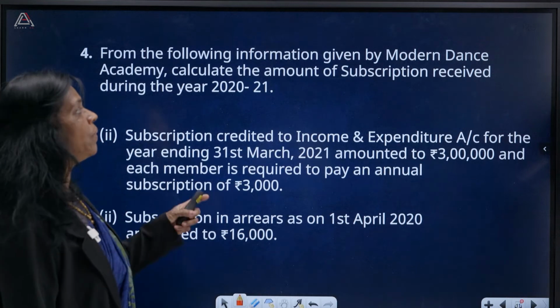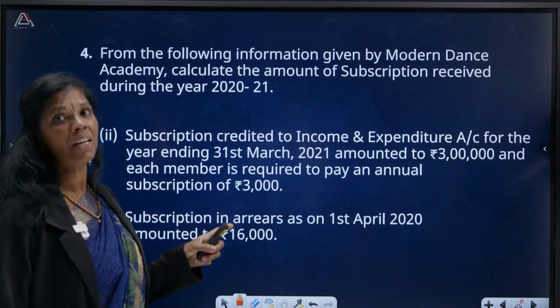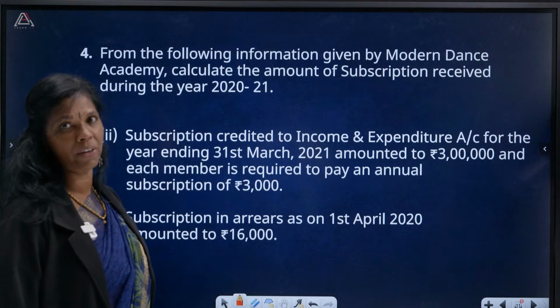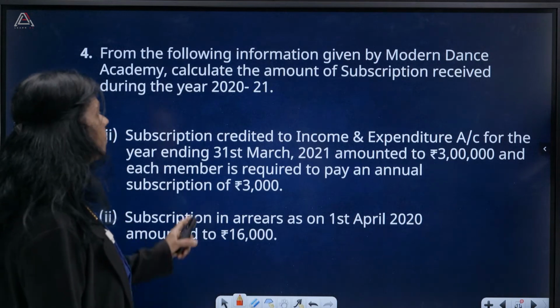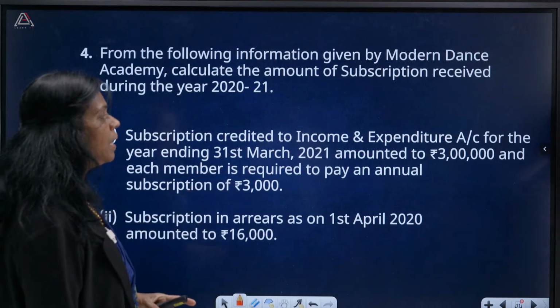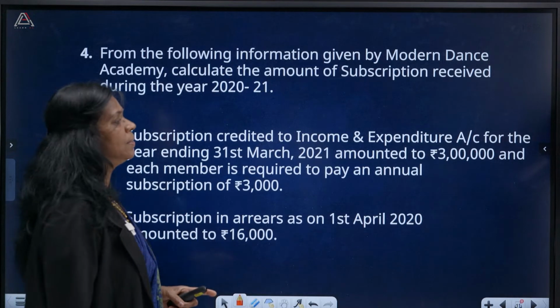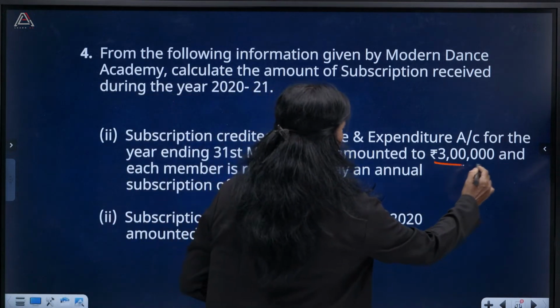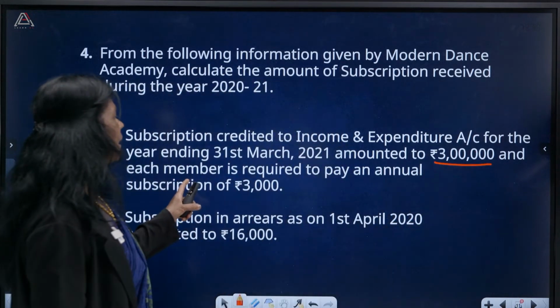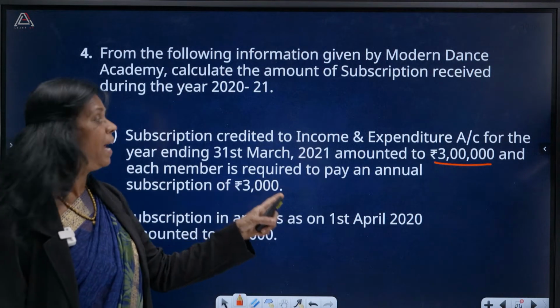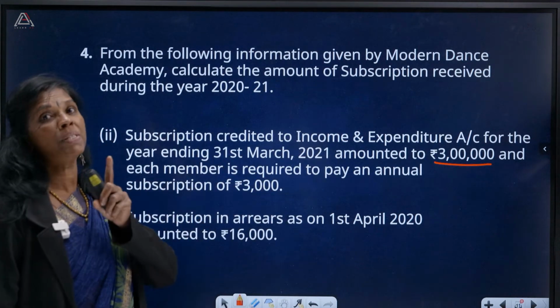Then we have to find out subscription received in which year? 2020-21. Then subscription received during the year amounted to rupees 3 lakh. Note this one. And each member is required to pay an annual subscription of rupees 3,000.